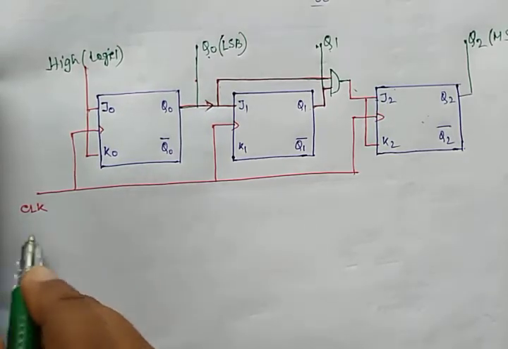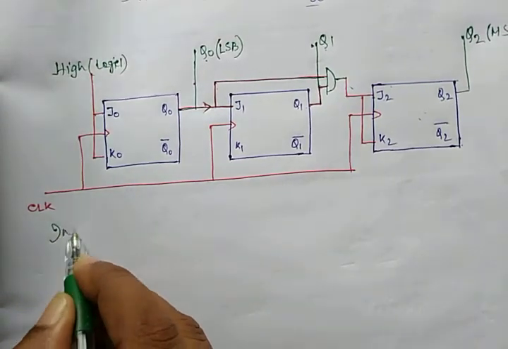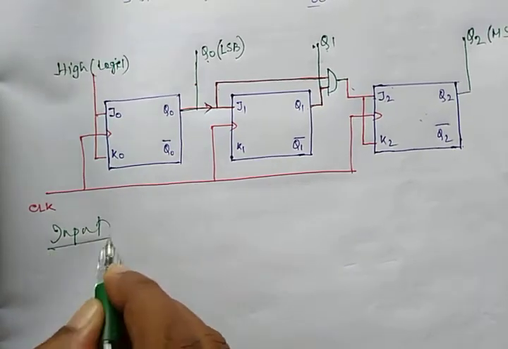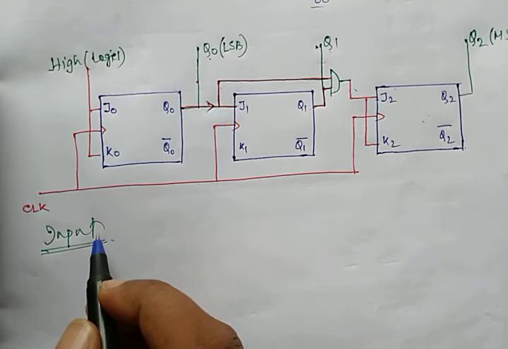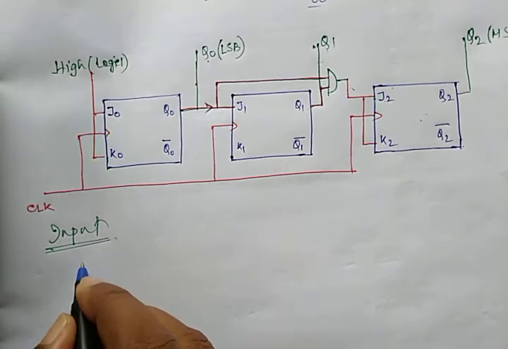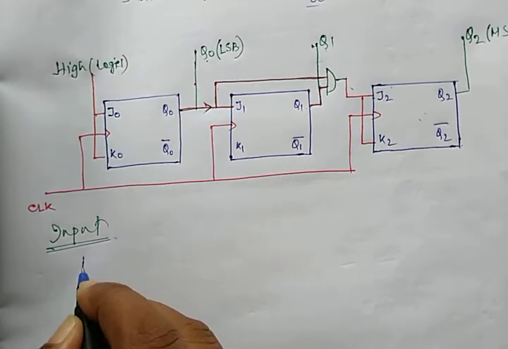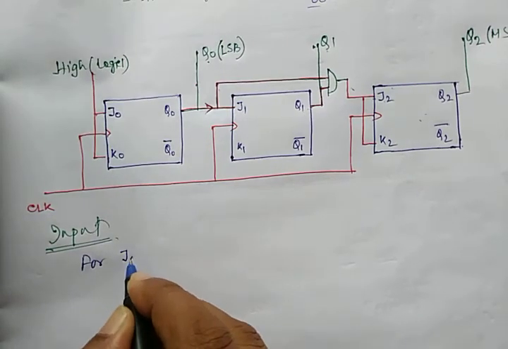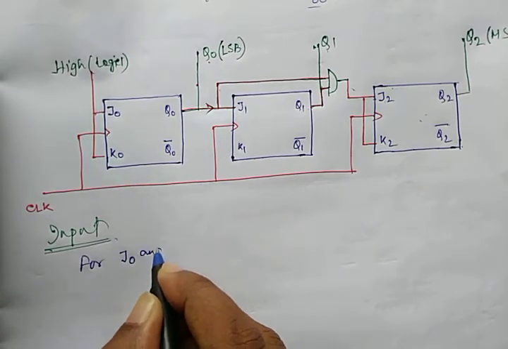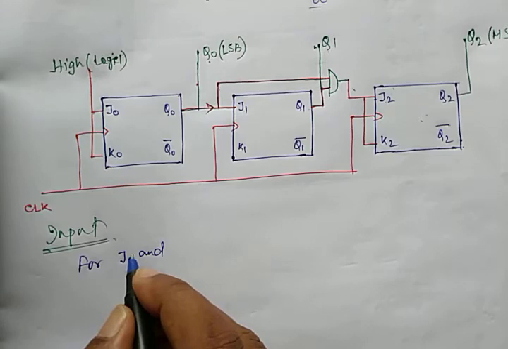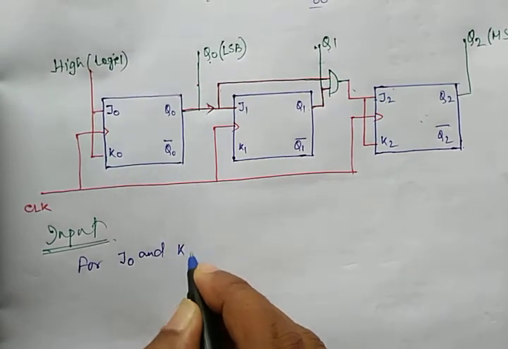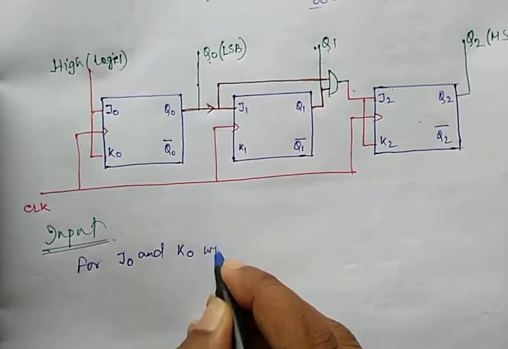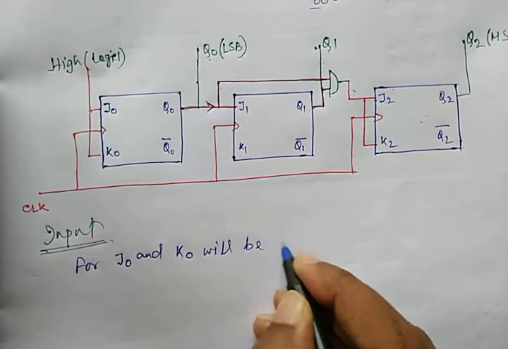For input, first we consider J0 and K0. J0 and K0 will be high.